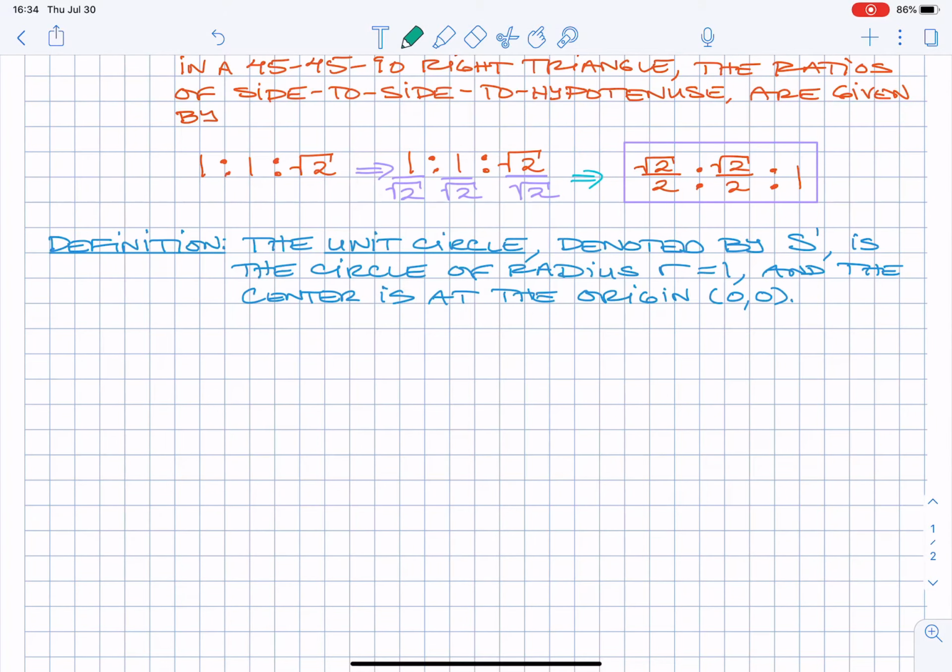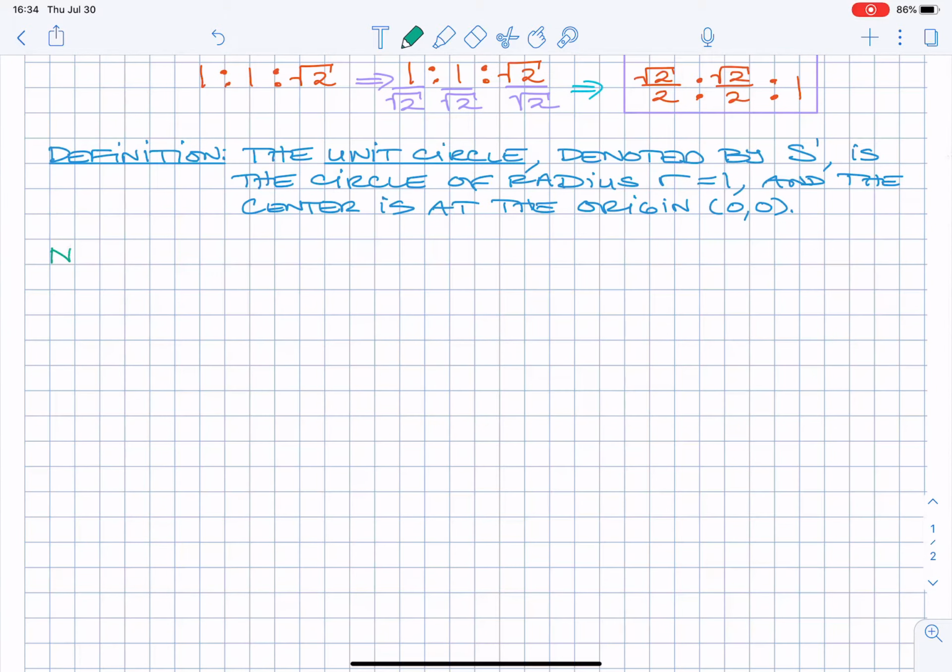So let's note that for all points, let's call them x comma y, on the unit circle S1, this implies that x squared plus y squared is equal to 1. Because our radius is 1, so 1 squared is 1.